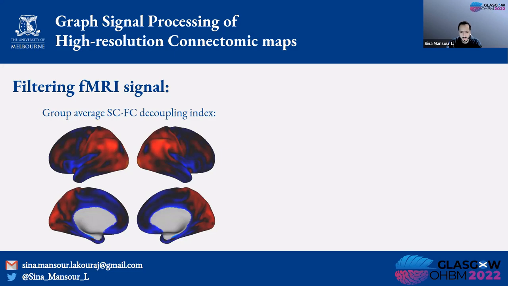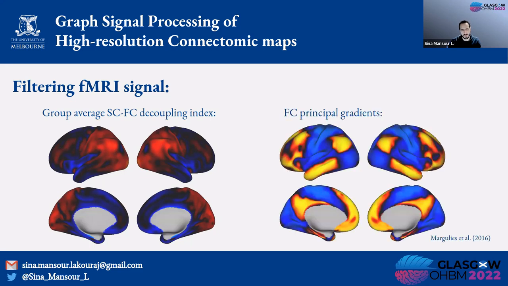And the regions in blue are regions that are further decoupled, so that the functional MRI signal is not actually following the underlying structural connectivity. And similar to previous work, we also see a great resemblance between these decoupling indices and DFC principal gradients, showing regions of higher order association cortices.